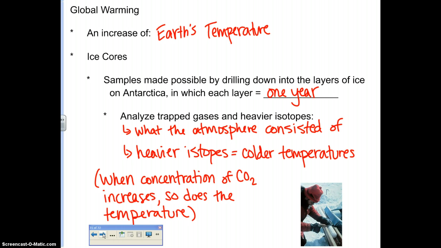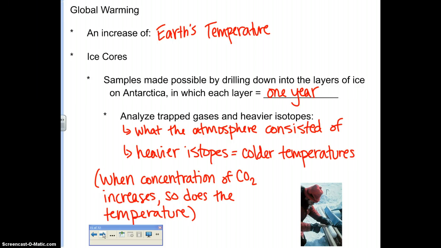Now that we've talked about the greenhouse effect, what about global warming? Global warming, in essence, is the increase of Earth's temperature. How do we know this? Well, we look at ice cores. Samples of the ice cores show that each layer indicates 1 year's worth of data. When you analyze the trapped gases in each of these layers, we're looking for heavier isotopes.